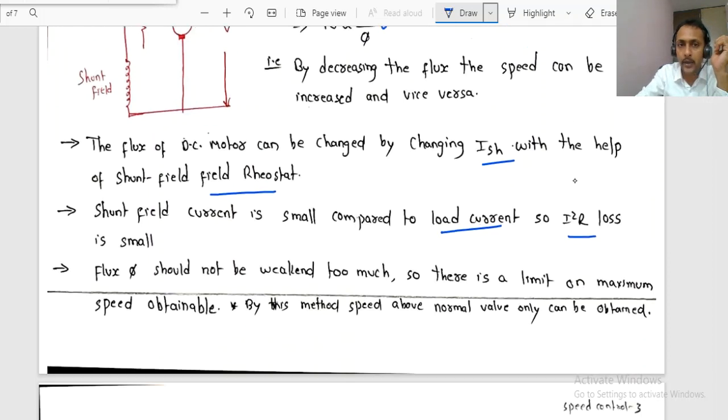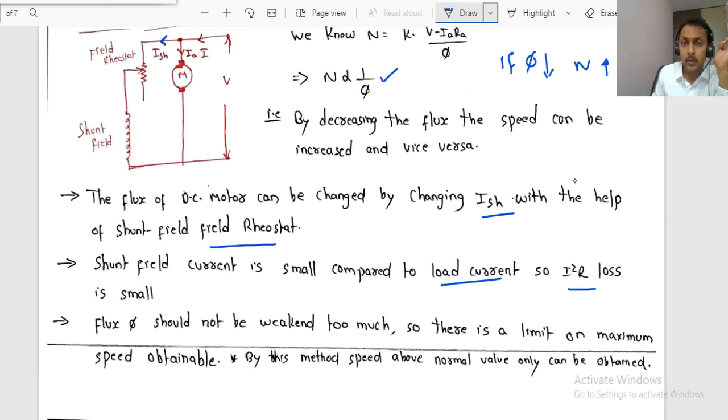Now, one important point is, if flux is low, speed will be more. At the same time, the flux should not be weakened too much. If it is weakened too much, the speed rises to very high values. So there is a limit on the maximum speed obtainable. And one more important point: using this method, we can obtain speeds only above the normal value.